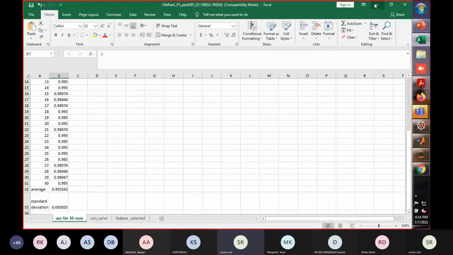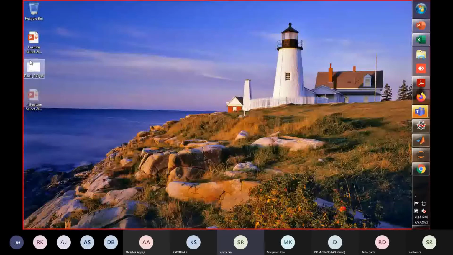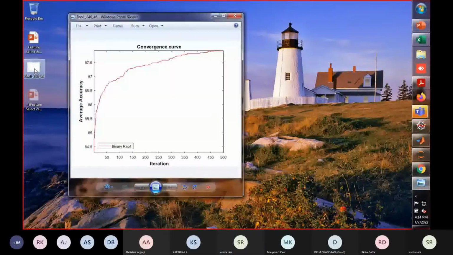And if we draw the convergence curve, we can see how the accuracy is starting.